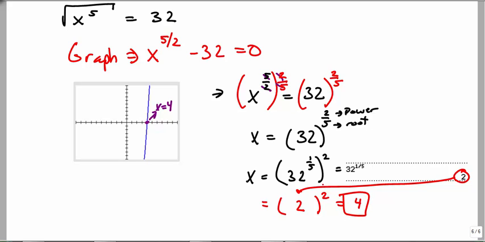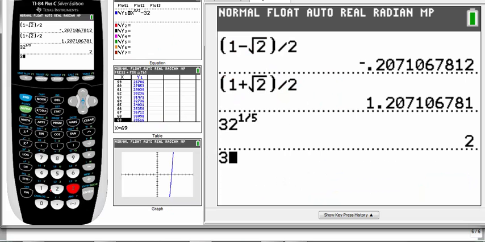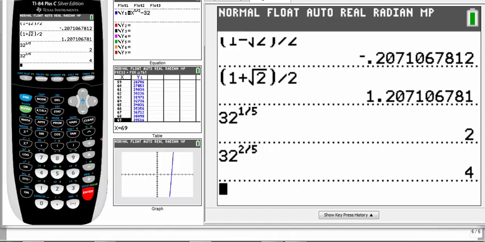Now again, if you wanted to double check this, you could just do 32 to the 2/5 right away. So let's go back and show you how to do that. Now if you use an exponent and you end up with a caret sign here, you'll want to open parentheses. And here we get our value of 4 too.